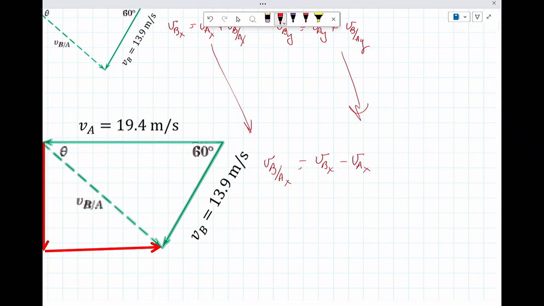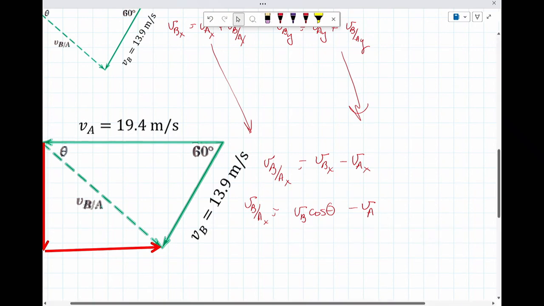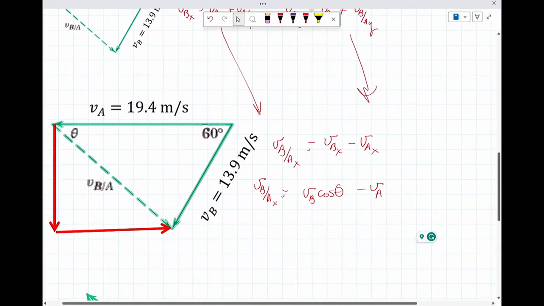Velocity of Bx is velocity of B cos theta minus V sub A x, which is V sub A, sorry, because V sub A is traveling horizontally along the x-axis.